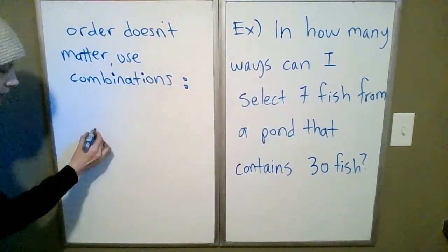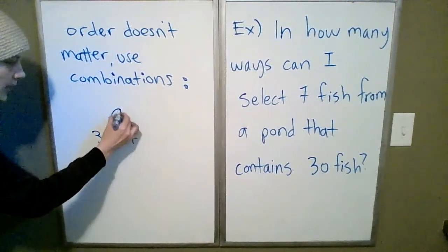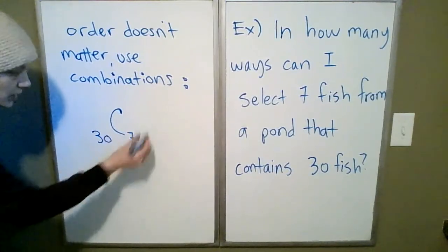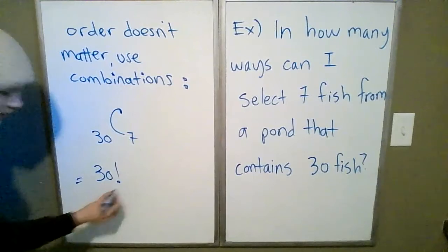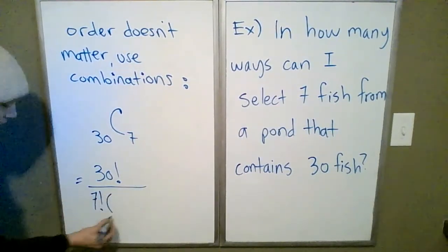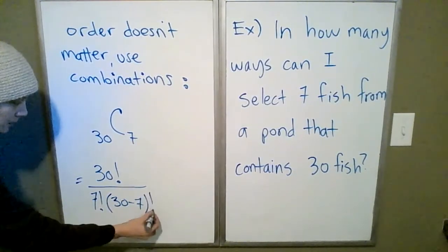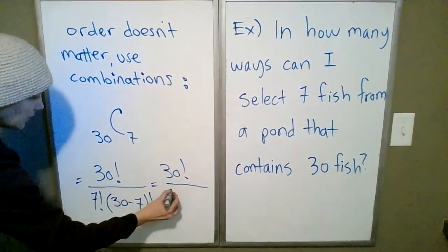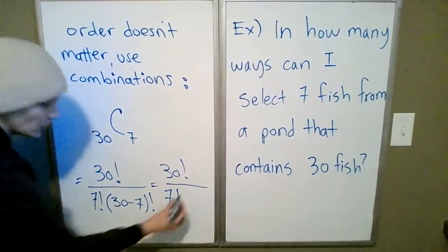From the 30 total, we want to choose 7. And that group of 7, doesn't matter what order they're in, it's just got to be 7 fish. That would be 30 factorial divided by 7 factorial, and then 30 minus 7 factorial, which is 30 factorial over 7 factorial and 23 factorial.